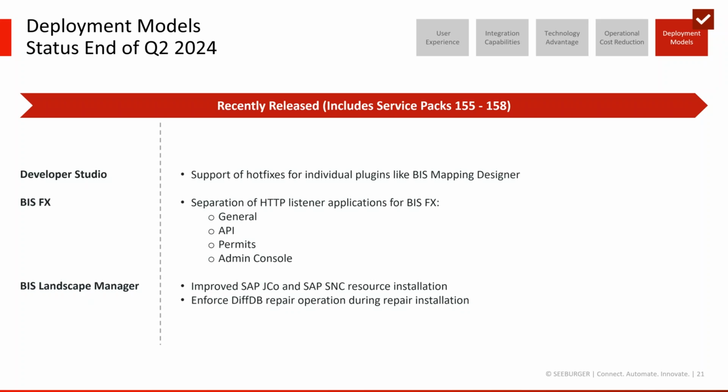I don't want to expose that at all to the public internet, even though it is, of course, secured with credentials. But to reduce the potential attack surface, we don't even want to expose it externally. But on the other hand, permits or our API, we might want to expose externally so that our partners can use those functions regularly.